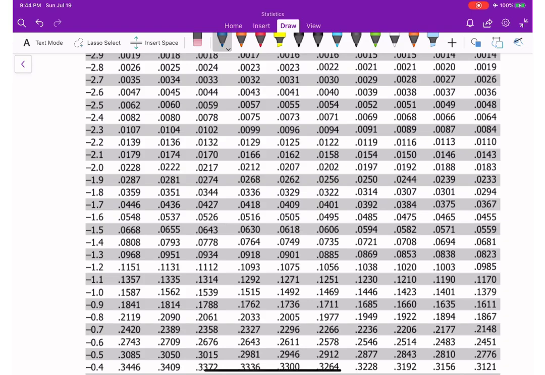0.0808. Let me see. 0.0793. Where is it? 0.085. Let me see if I can find 0.085.